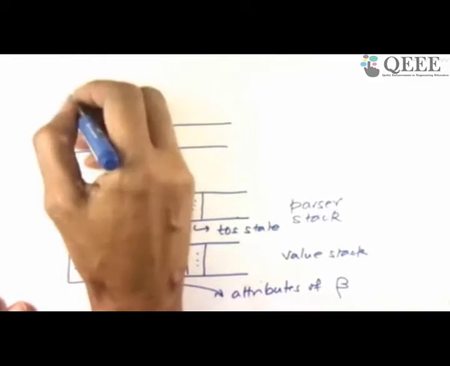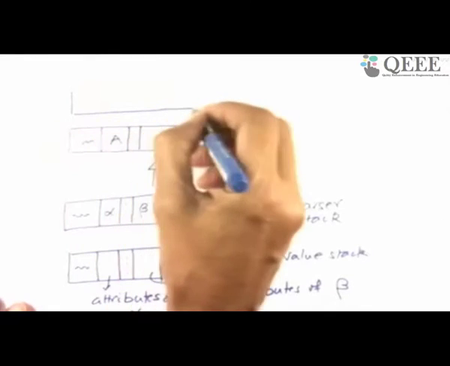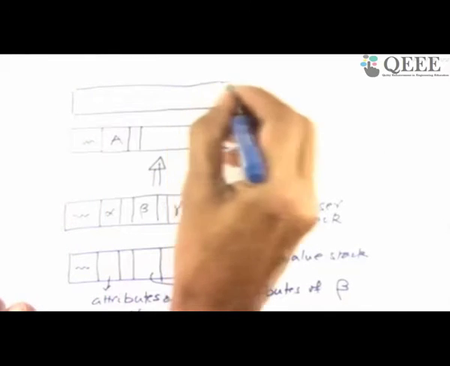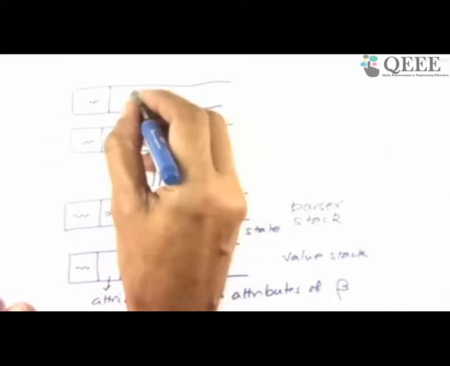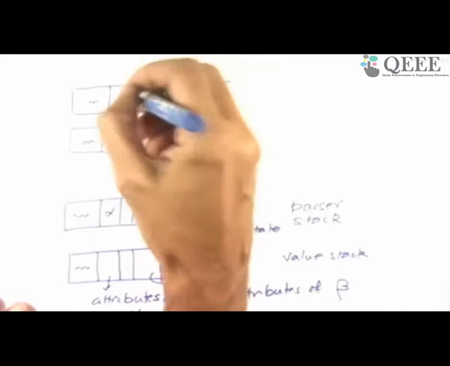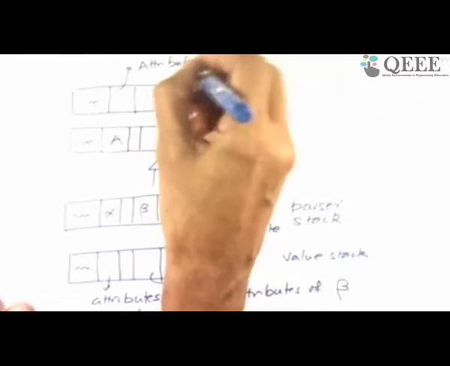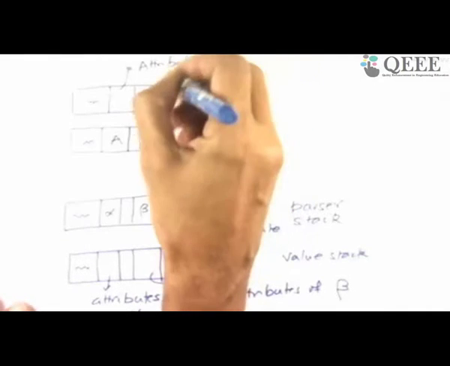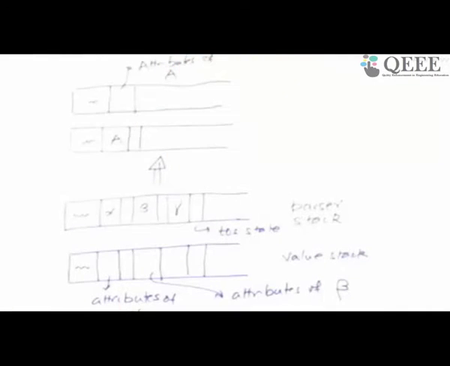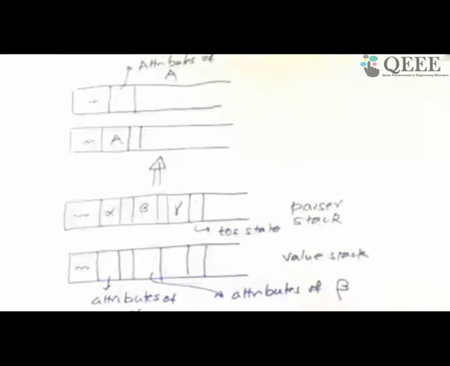A similar thing happens also on the value stack, except that in the place below A, you don't have A, but you have attributes of A. This is one way of evaluation. A little more interesting thing happens, which I'll tell you in the last lecture, not to complicate your life.